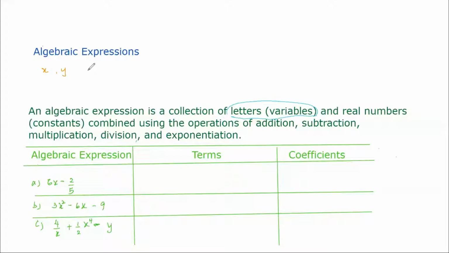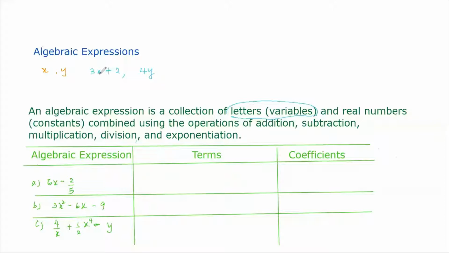For example, we have 3x plus 2. This one we call an algebraic expression. Like 4y, this has one term. This one has two terms because of the addition operation, the plus sign.